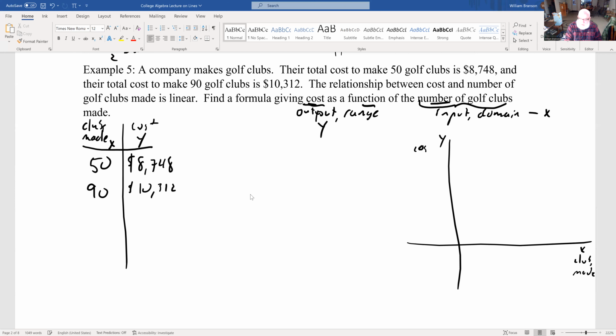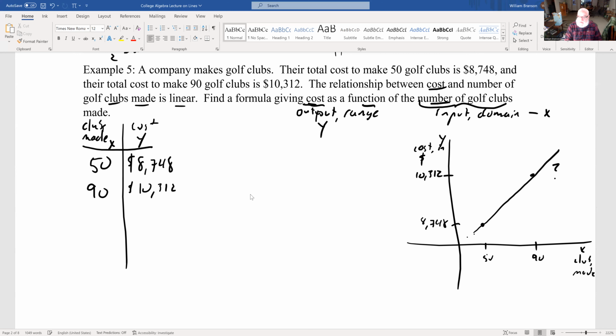Y, this is cost in dollars, and 50 and 8,748, that's one point on my graph, and 90 and 10,312 is another point on my graph. They're saying that the relationship between cost and number of golf clubs made is linear. So these are two points on the graph of cost as a function of clubs made, and this should be a line.